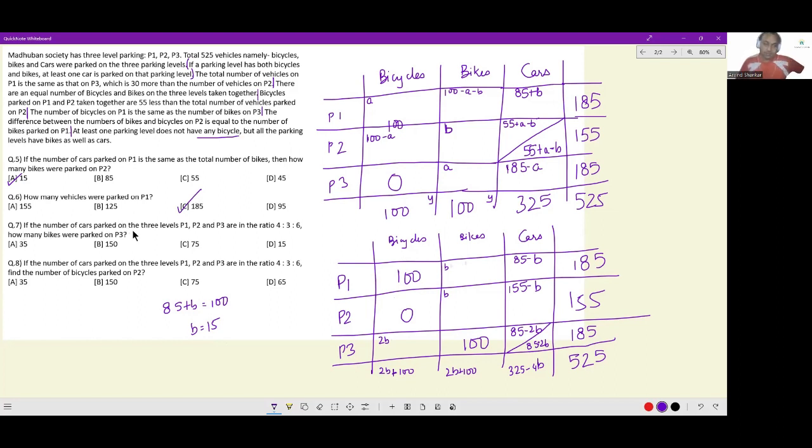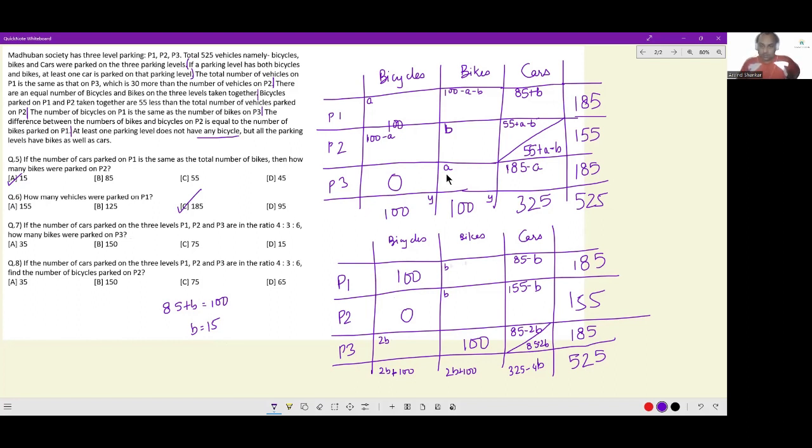Next, if the number of cars parked on the three levels, P1, P2, and P3 are in the ratio 4:3:6, how many bikes were parked on P3?